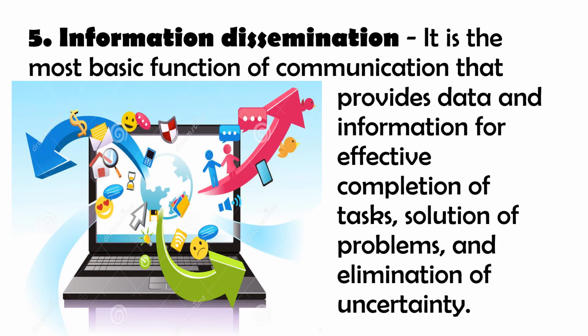The next is number 5, information dissemination. It is the most basic function of communication that provides data and information for effective completion of tasks, solution of problems, and elimination of uncertainty.